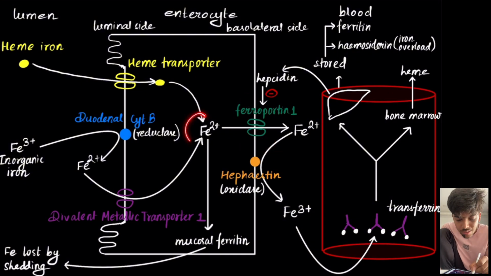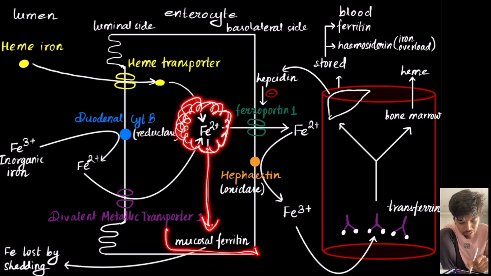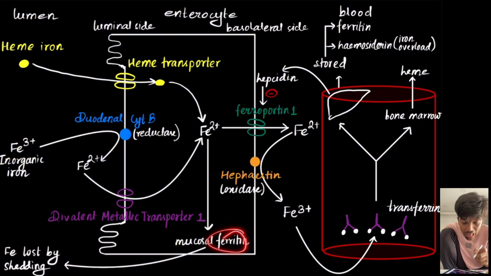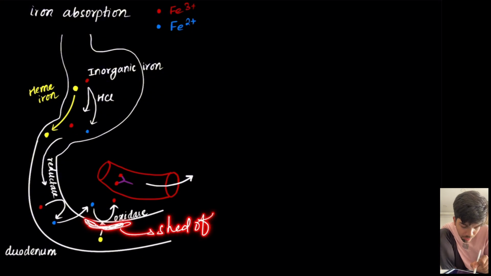What happens to the iron present within the enterocyte? This iron gets encircled by mucosal lining, and what we get is mucosal ferritin. So this is ferritin, iron stored in the enterocyte, not the liver. As time passes, the inner lining of the duodenum gets shed and comes out in the form of poop.